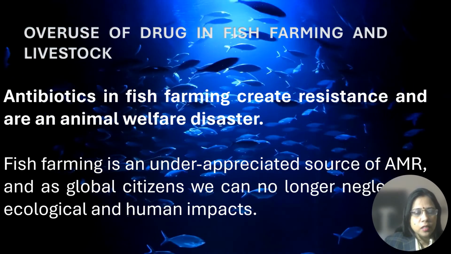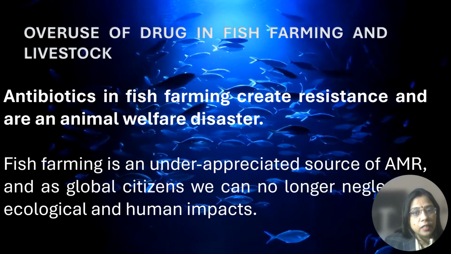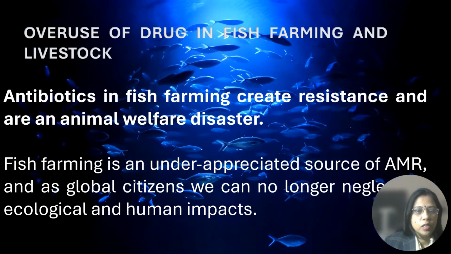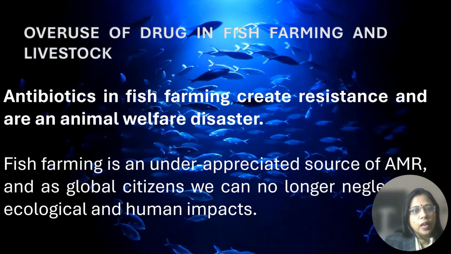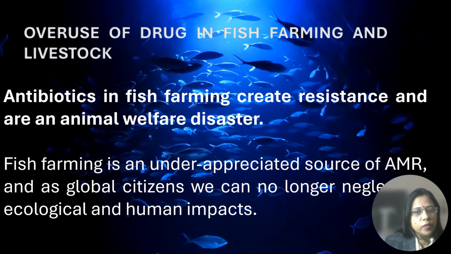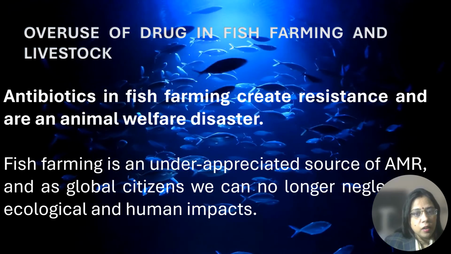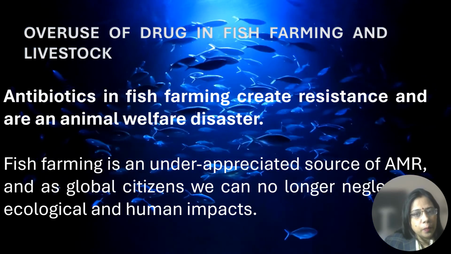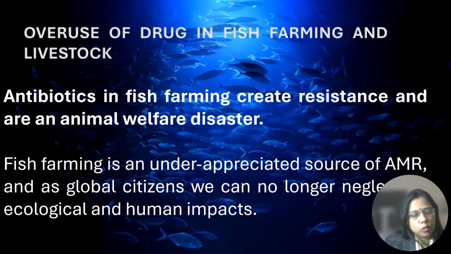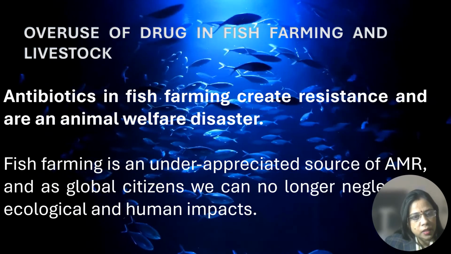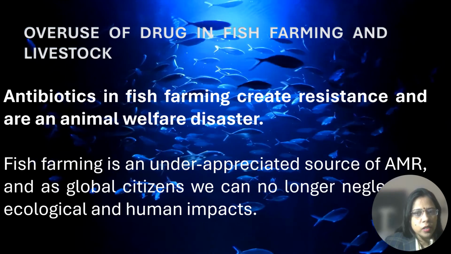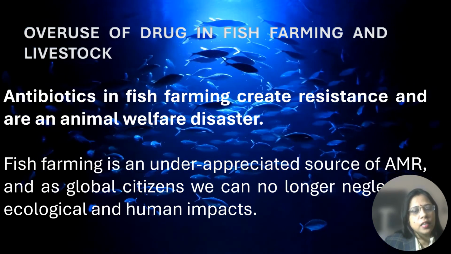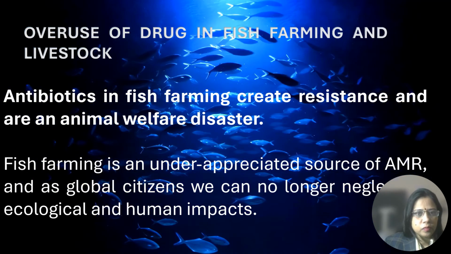The next point is overuse of drugs in fish farming and livestock. Antibiotics in fish farming create resistance and are an animal welfare disaster. Fish farming is an underappreciated source of antimicrobial resistance, and as global citizens, we can no longer neglect the ecological and human impacts.